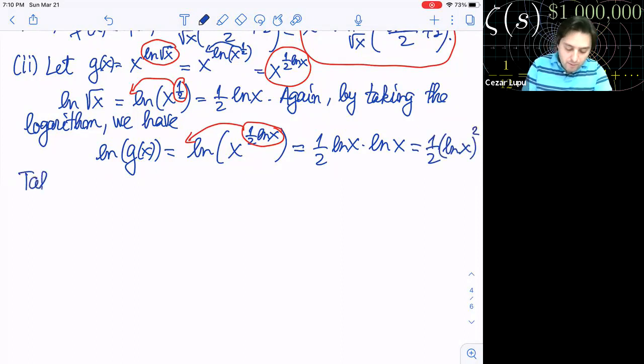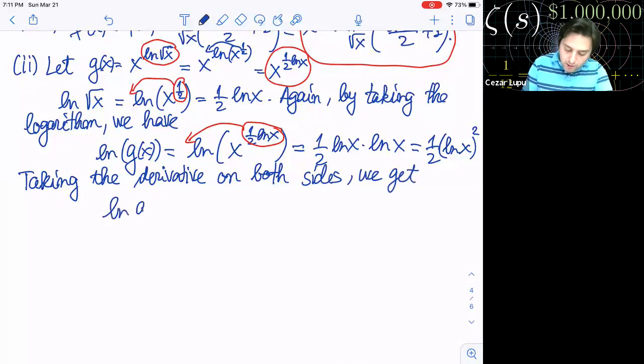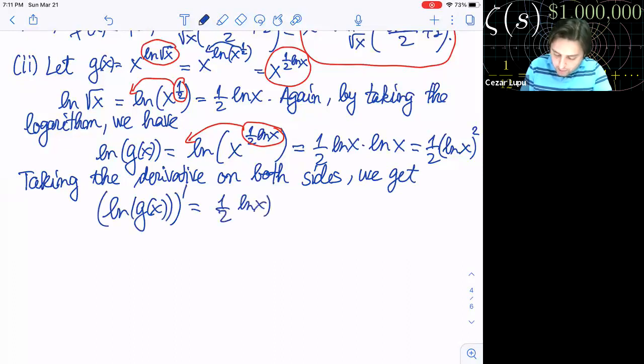So taking the derivative on both sides, we get, let's see, ln of g of x prime is 1/2 ln of x squared prime. Okay, tell me. Let's see, does this one, the second one, it will be equal to what?